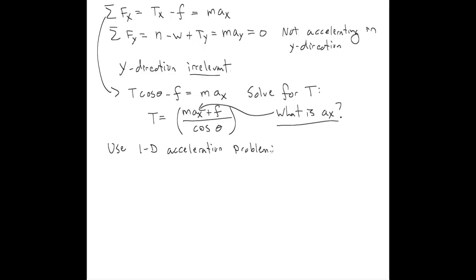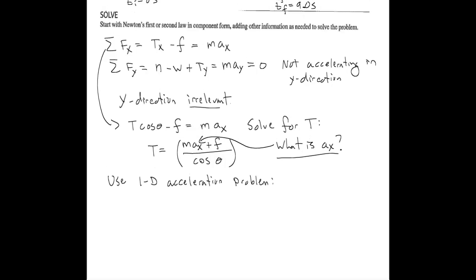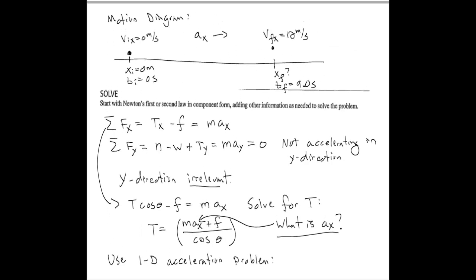So this problem was not only a force problem, but also a one-dimensional acceleration problem. Let's go back to the motion diagram we drew above, where McQueen starts at rest, accelerates to the right, and ends at some final speed after 9 seconds. We want to find acceleration, and we're given the initial and final velocities and the initial and final time.